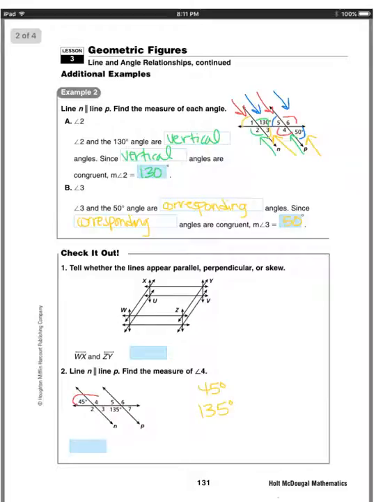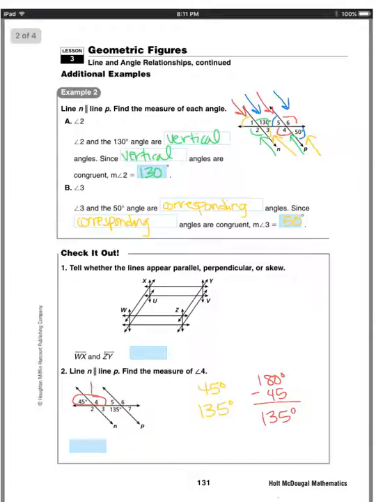We look at the angle number right by our given angle. So our angle number by 45 is 4. Now those two angles lie on a straight line. A straight line or straight angle measures 180 degrees. So out of our 180, we take the degree measure we know, 45, and subtract it, and we get 135 degrees.